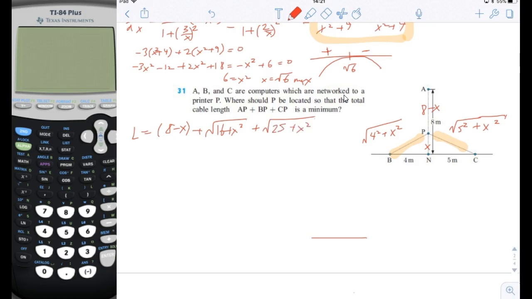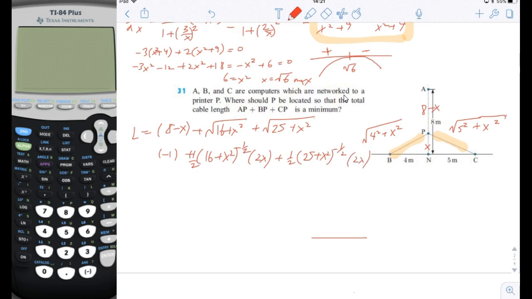And then we need to take the derivative of that to find when this quantity would be minimum. So it would be -1 plus 16 plus X squared to the 1/2, so you take the derivative, you put 1/2 here, you put -1/2 here, chain rule 2x, same thing here, 1/2, 25 plus X squared to the -1/2, 2x.